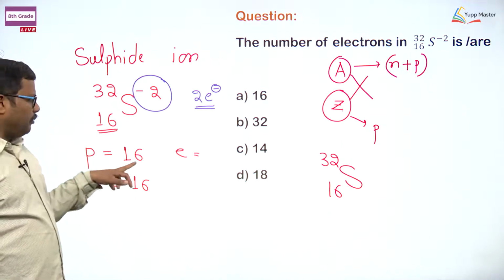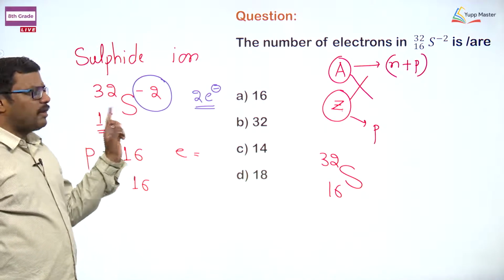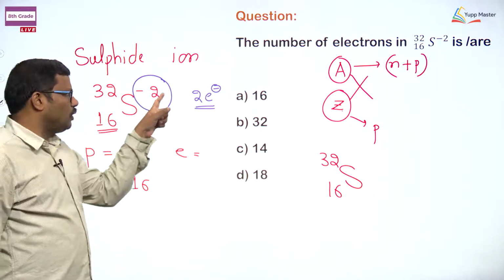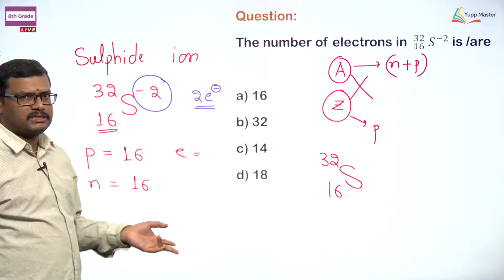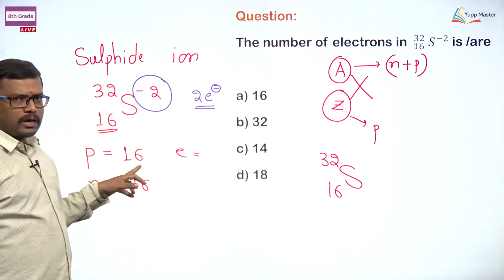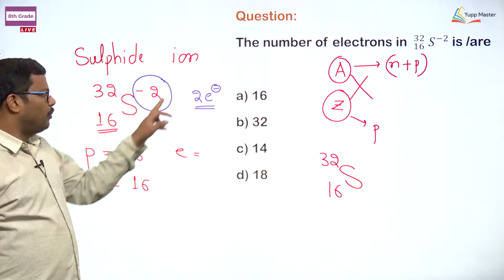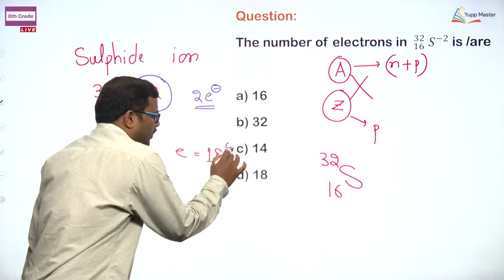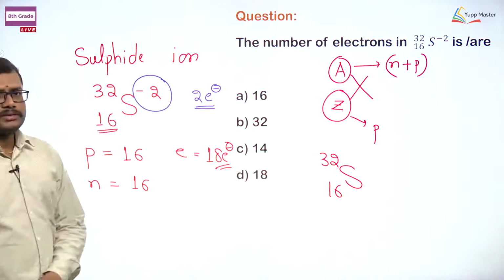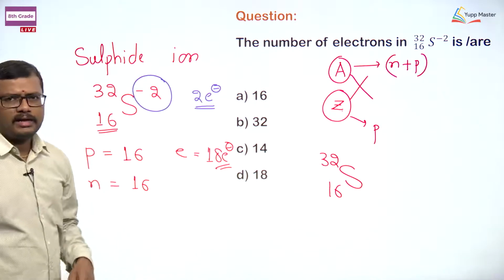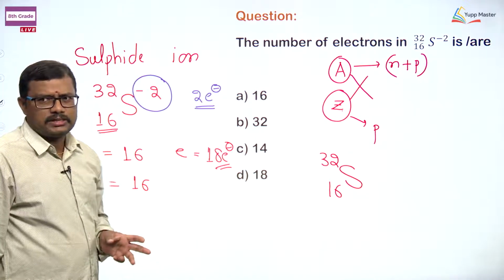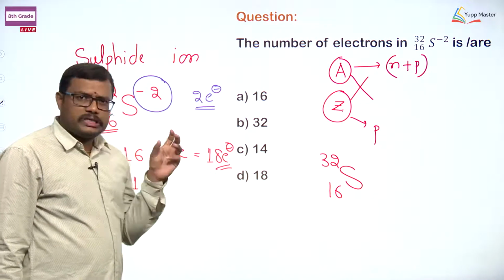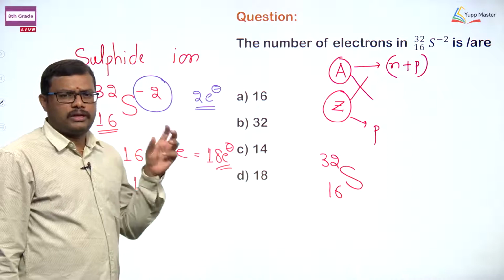Already proton number is 16. If the sulfur atom is neutral, electrons should be 16, but here there are 2 electrons in excess. Already 16 protons means 16 electrons plus 2 more electrons. Total will be 18 electrons. So, how many electrons are present in the case of sulfide ion? Sulfur with the 2 negative charges, we are going to have 18 electrons, 16 protons, 16 neutrons.